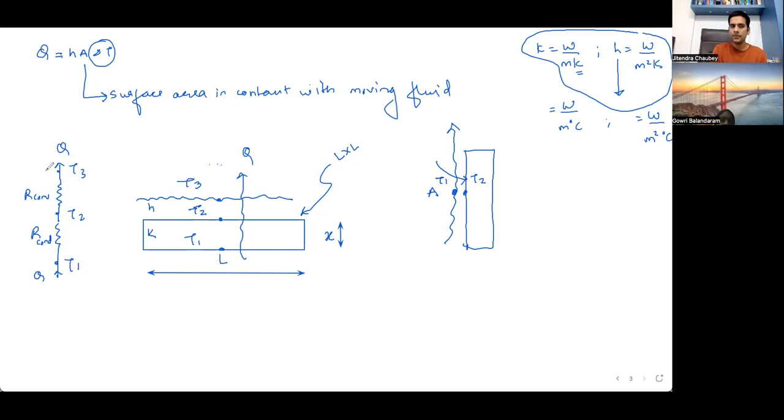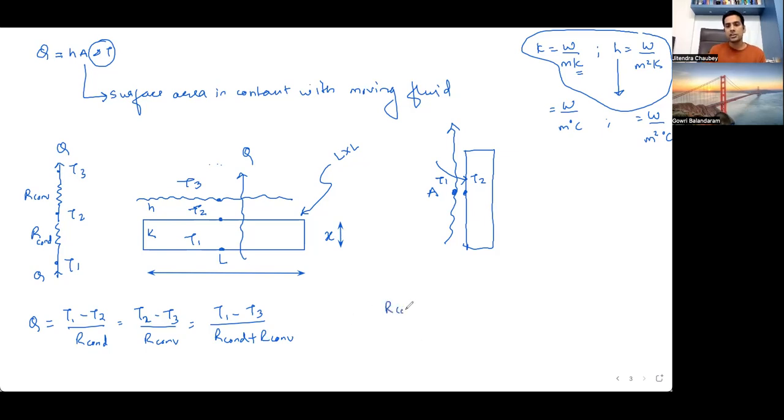Q can be written as hotter temperature minus colder temperature, T1 minus T2 upon R conduction, or T2 minus T3 upon R convection, or you can also write it as T1 minus T3 upon R conduction plus R convection. Easy?